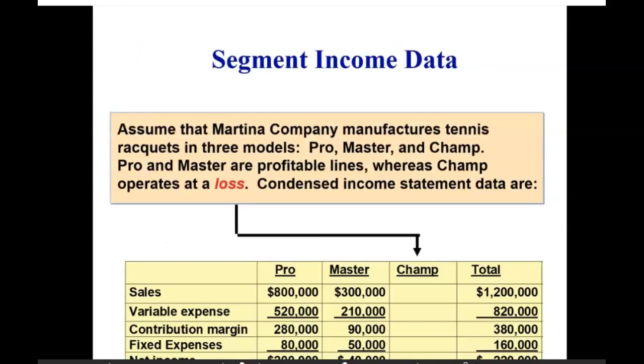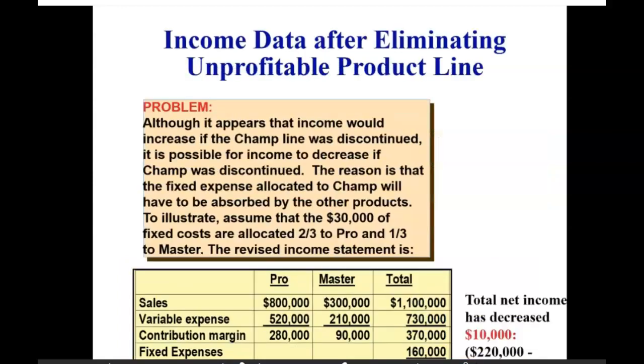For example, here you see we have Pro, Master, and Champ. Now, Pro shows a profit, net income of $200,000, Master $48,000, but Champ $20,000 loss. So if I eliminate Champ, I do not eliminate that $160,000 in fixed costs, and I have to allocate it to Pro and Master.